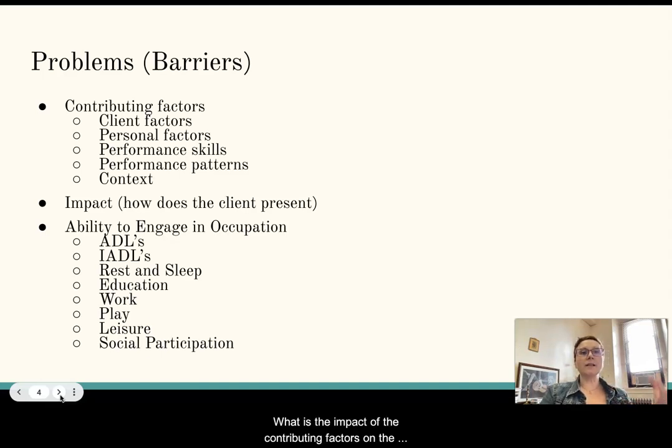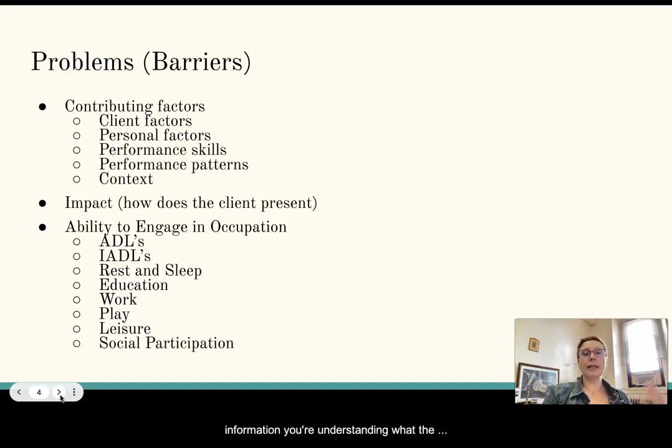What is the impact of these contributing factors on the client? This information you already have because you've evaluated the client, and now you're analyzing the information. You're understanding what the barriers are, and then how those barriers impact their ability to engage in occupation. And those occupations should look familiar.